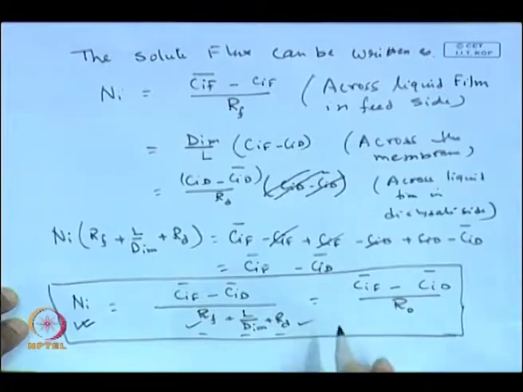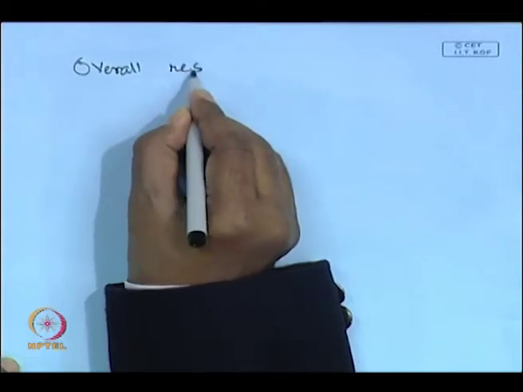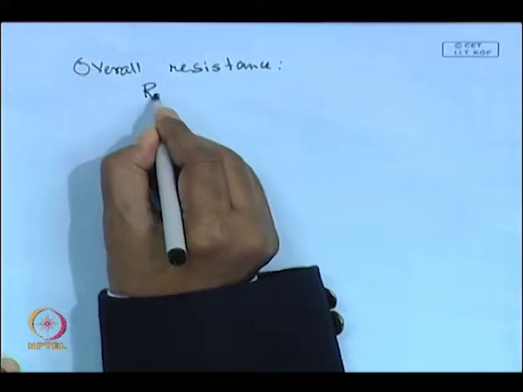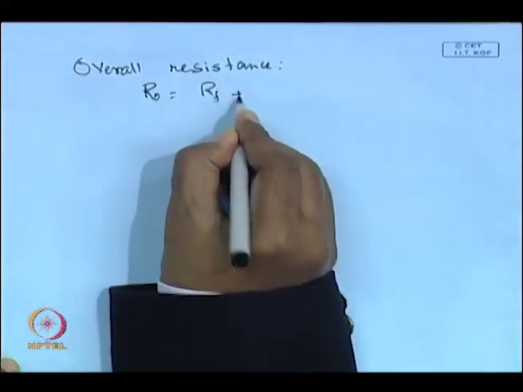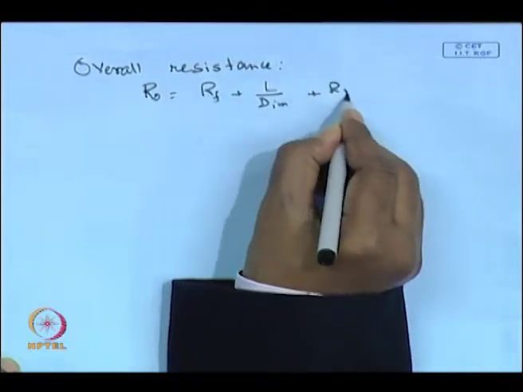Now, let us go through in more detail how to estimate these film resistances in the feed side and the dialysate side, as well as through the membrane. So, the overall resistance can now be written as R naught is equal to Rf plus L by Dim plus Rd.